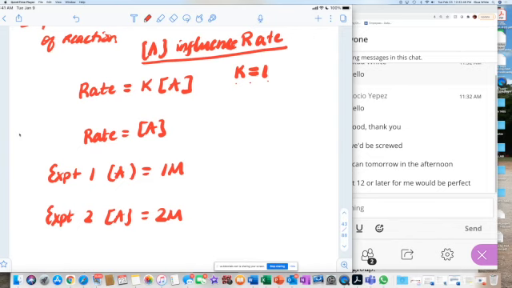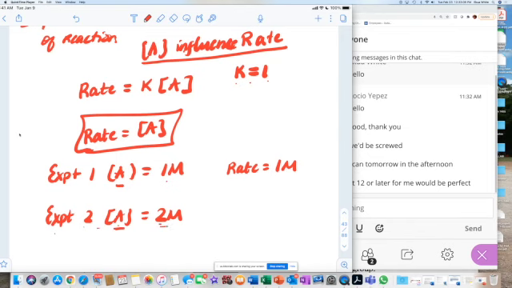The question is how. If A equals 1 molar, then since rate is equal to A, rate is equal to 1 molar also. Because we said right here, rate is equal to A. If I now double A to 2 molar, then rate is going to be equal to whatever A is. Rate is going to be 2 molar. See? So doubling A, going from this to this, just doubles the rate because they have a direct relationship, right?